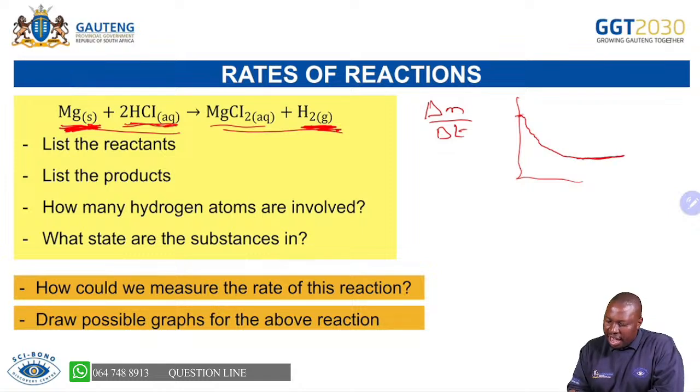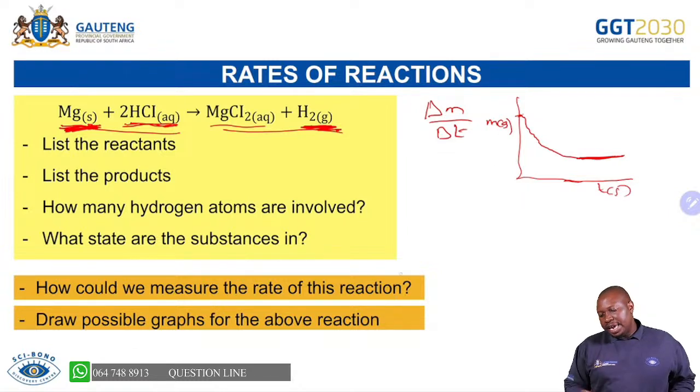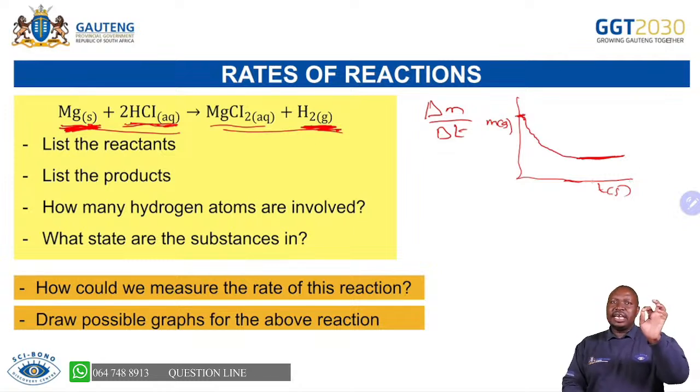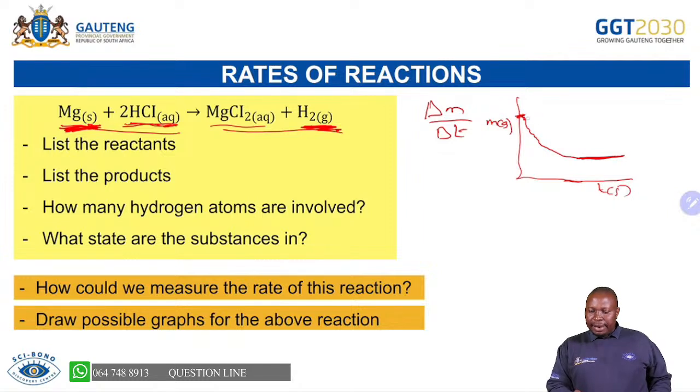When the curve becomes straight like that, we're saying it has reached its completion. The mass is measured in grams per unit time. As far as you find a graph of this form, you know those are the reactants, because the reactants are being used up.